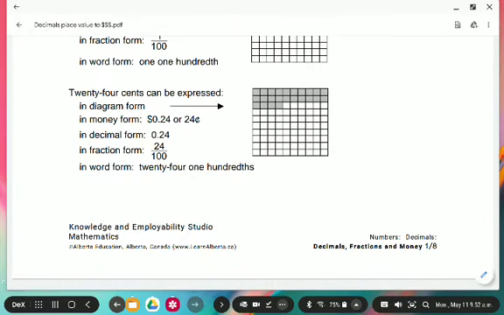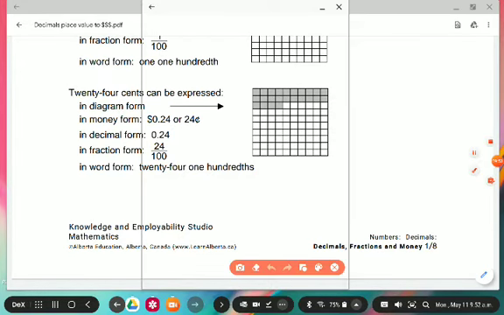And if we look at our hundredths block right here, we have a whole 10th bar filled in right here, another whole 10th section filled over here, and then a remainder of 4.